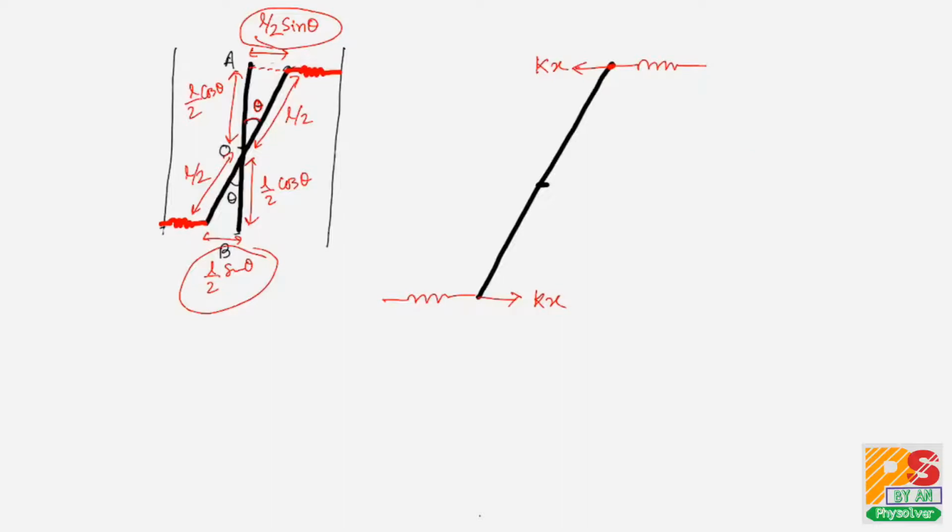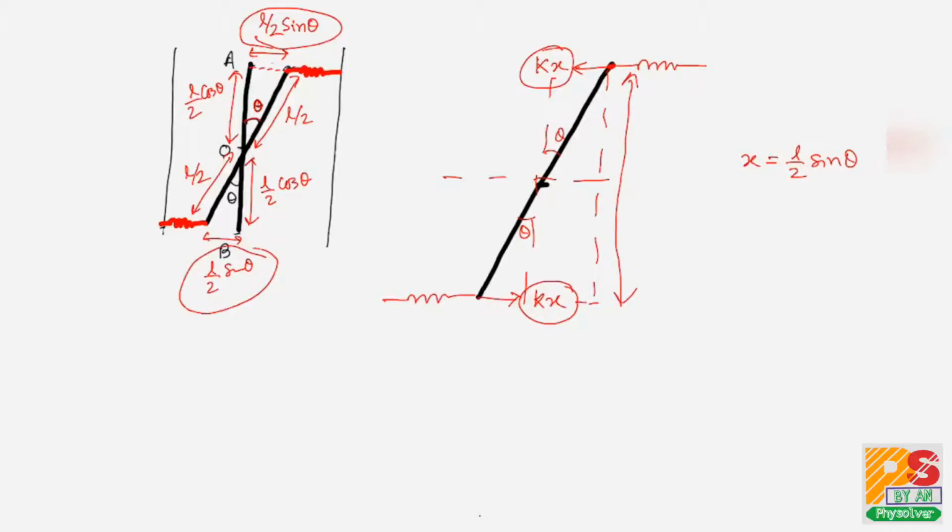Here of course x is L by 2 sin theta, right or wrong? Therefore two forces are there, Kx and Kx. These two forces will create a torque, right? As I mentioned earlier, this is theta, this is theta. So this length is L cos theta.